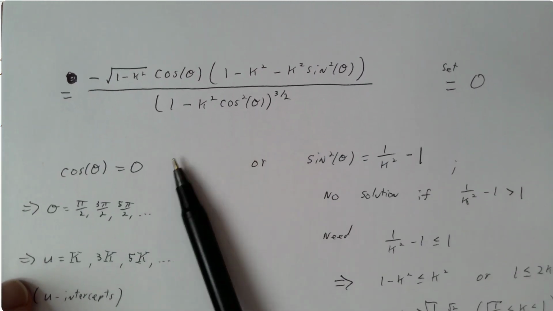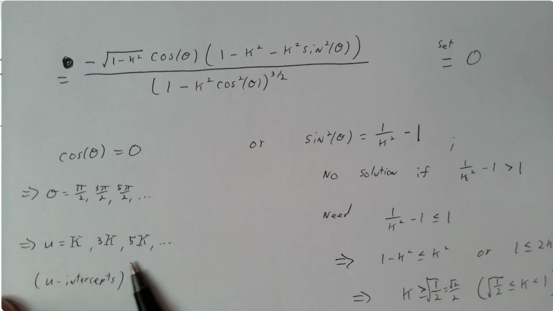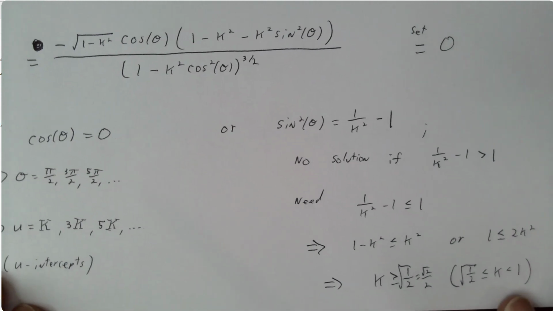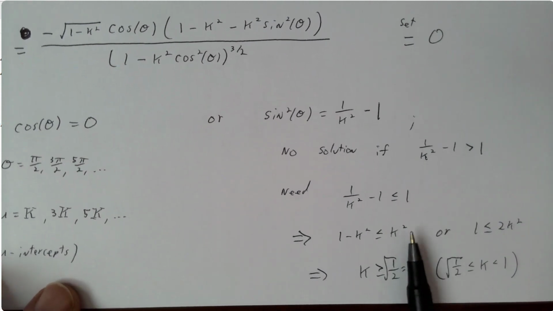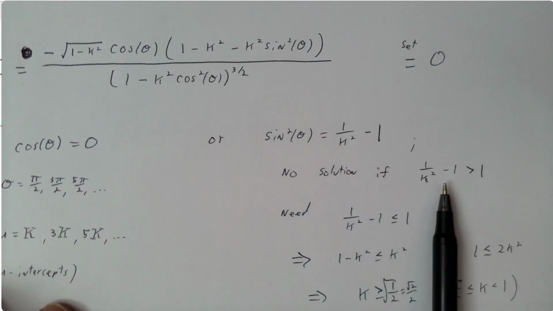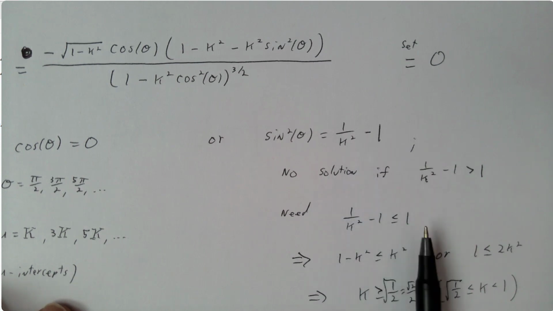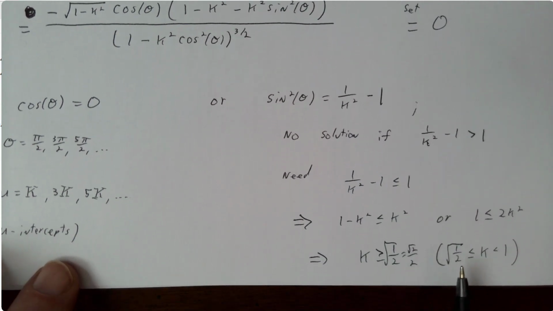And you either get cosine theta is 0, which occurs at the odd values of capital K, the u-intercepts. And also, you get no solution until this quantity is less than or equal to 1, which occurs when k is at root 2 over 2.